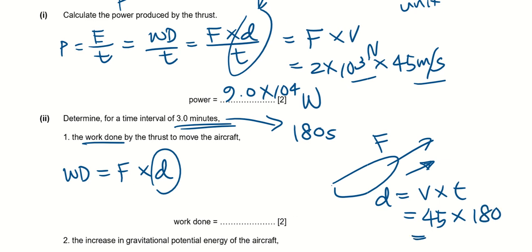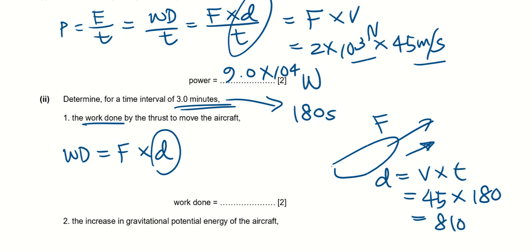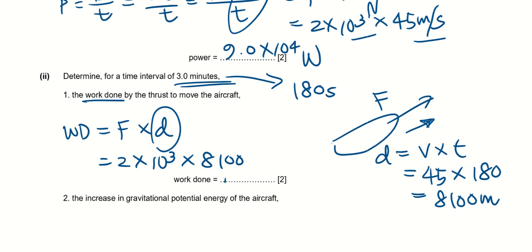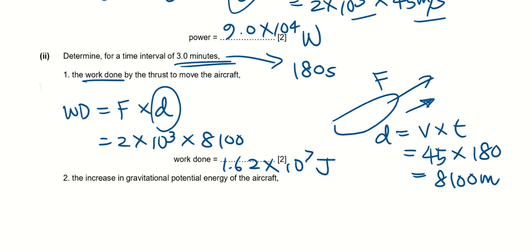So my distance traveled is 8,100 meters. Then I will have my force, which is still the same force, 2 times 10 to the power 3, multiplied by 8100 meters. I will get a value of 1.62 times 10 to the power 7 joules.